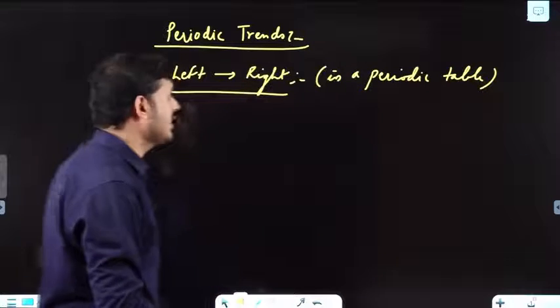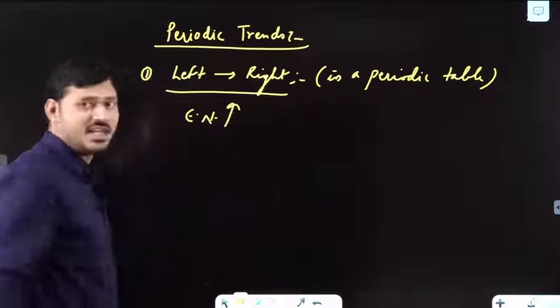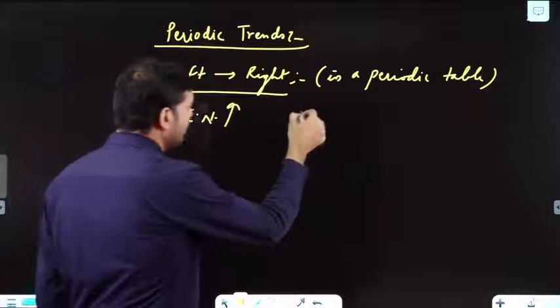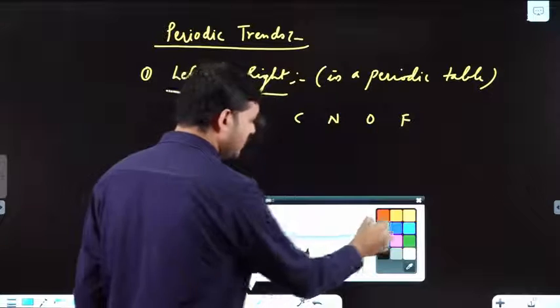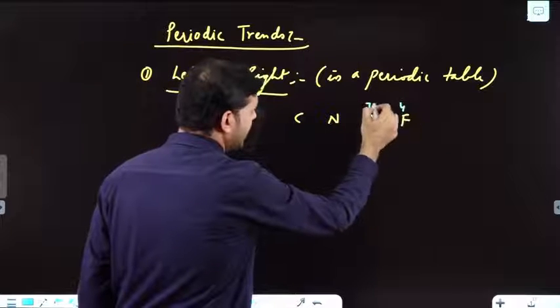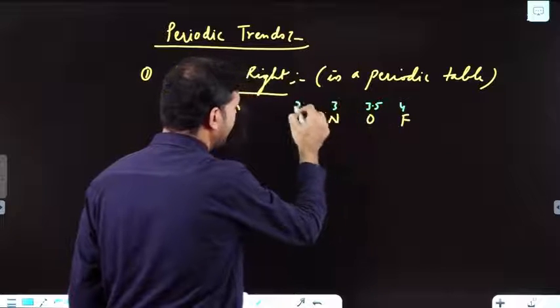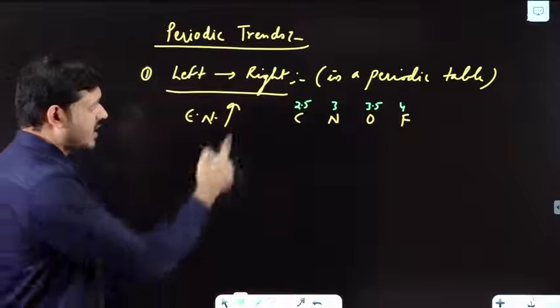Now dear students, here the electronegativity also increases, right? If I say carbon, nitrogen, oxygen and fluorine, as you know, in general the electronegativity is 4, 3.5, 3 and 2.5 if sp3. So in general electronegativity increases.